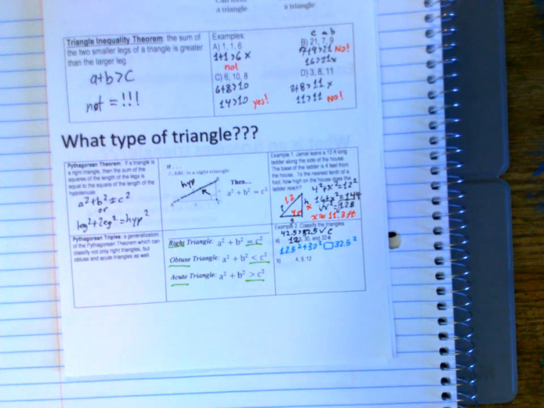I'll use my phone calculator because unfortunately my calculator's over there. So 12.5 squared plus 30 squared gives me 1,056.25. And 32.5 squared gives me 1,056.25.